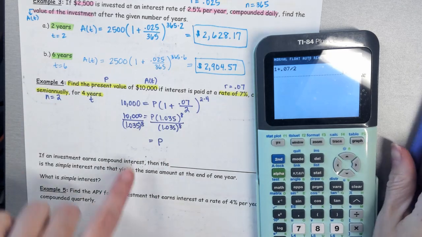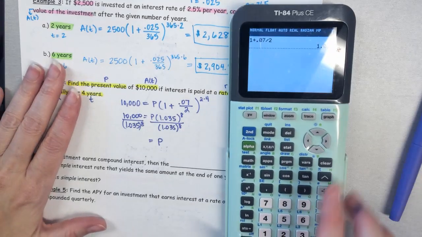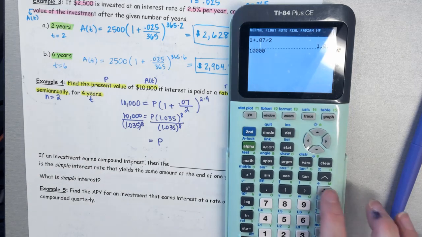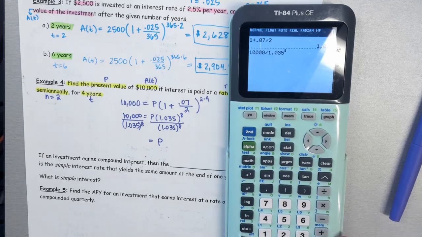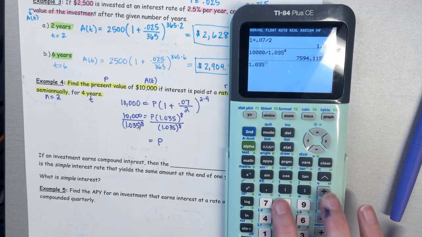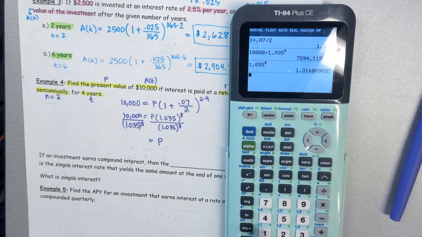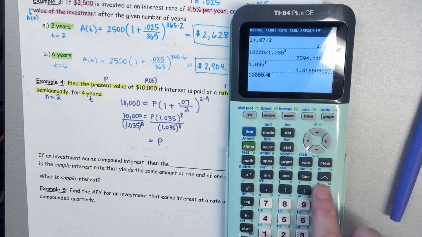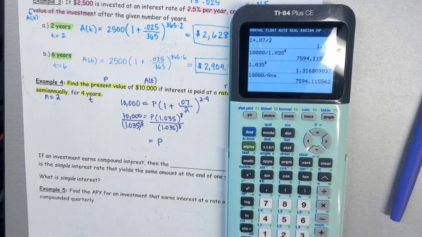So you can do 10,000 divided by 1.035 to the 8th and get your answer that way. Or if you did 1.035 to the 8th power when you're working on your homework, you could just do 10,000 divided by that answer. So you're going to be using that answer key.